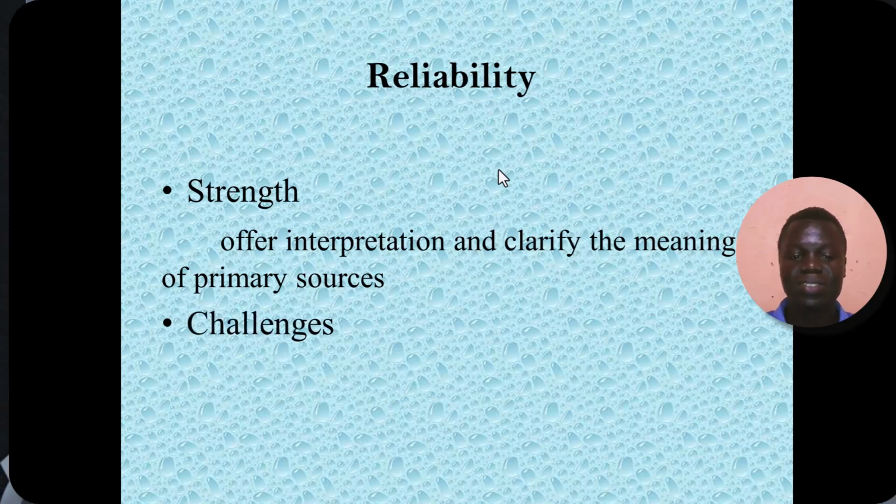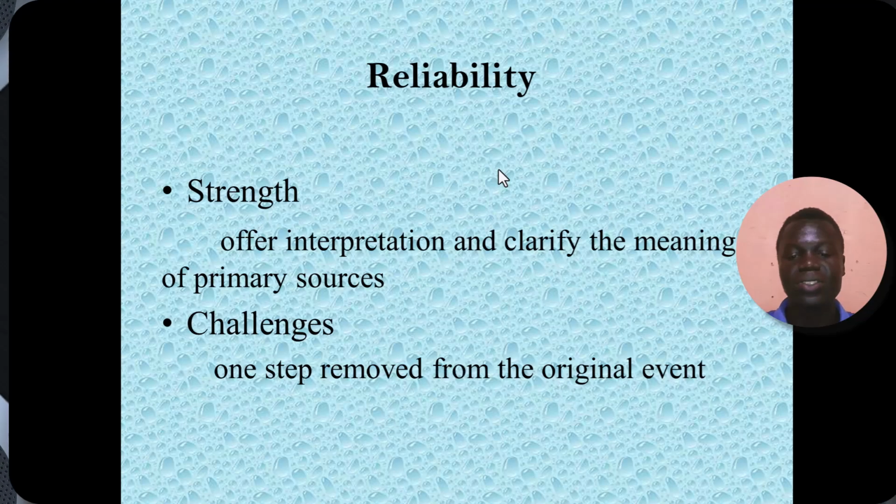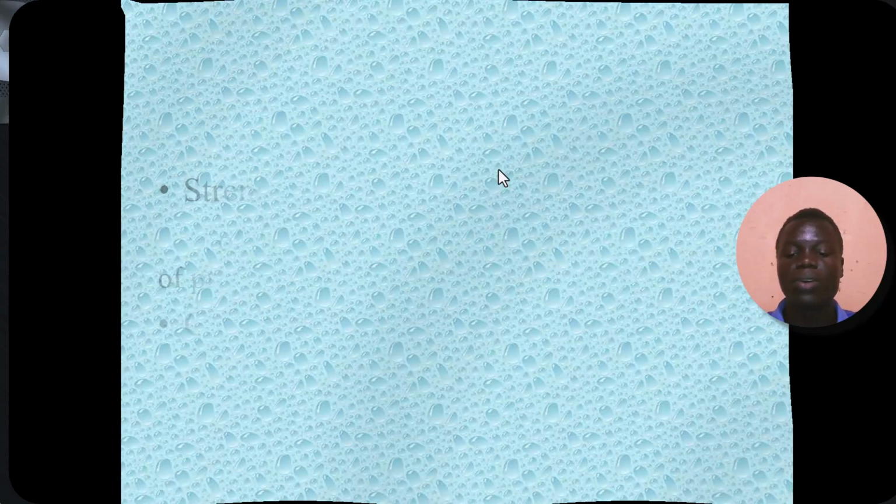It is one step removed from the original event. Therefore, it can be deceiving and provide incomplete information because it is being recorded by someone who is not a witness, and it is being passed from one person to another. Therefore, it is one step removed from the original data.